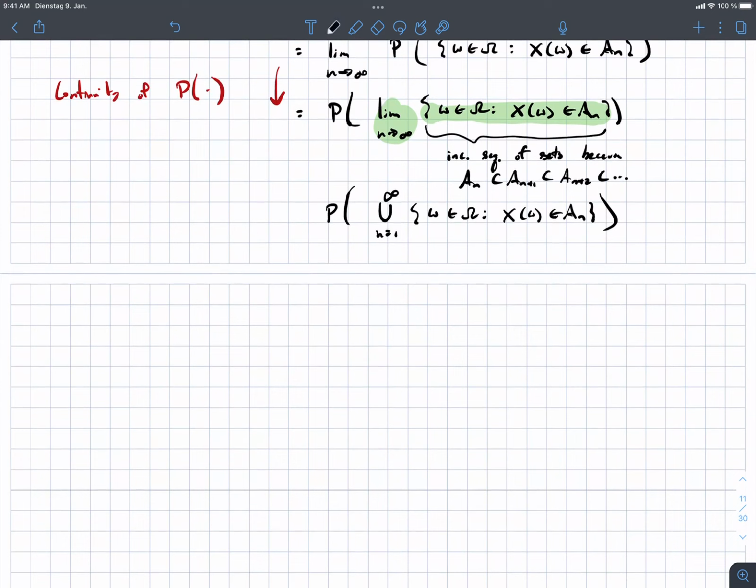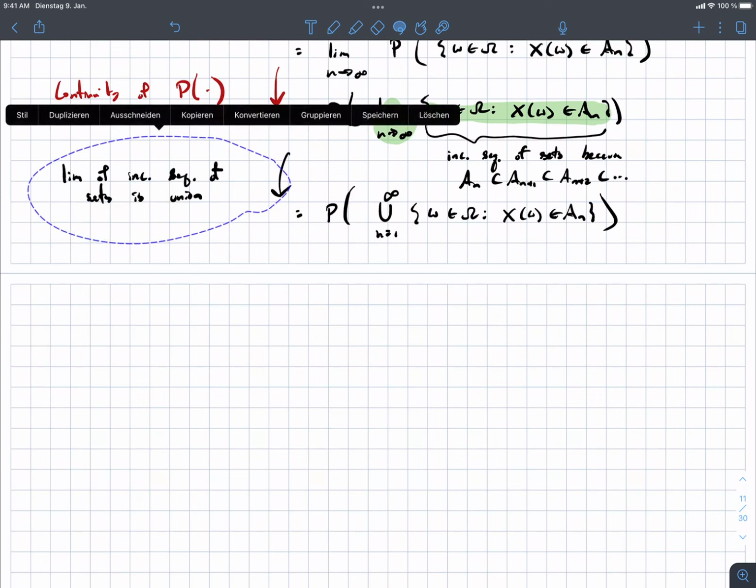So the limit of an increasing sequence of sets is the union. That's how we get to the next equality.